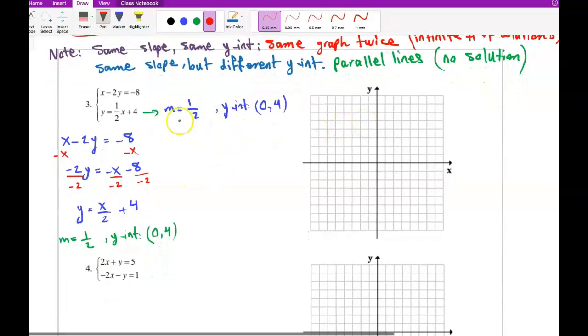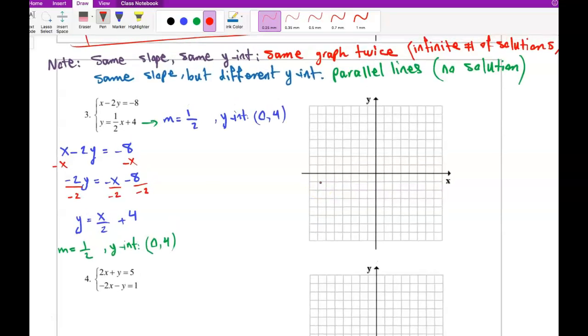Okay, so here the first one is same slope, same y-intercept, meaning that we're gonna have on one graph twice, so it's same graph twice, meaning that infinite number of solutions for this one. So finding 0, 4.